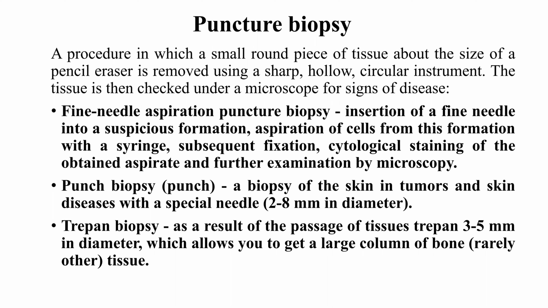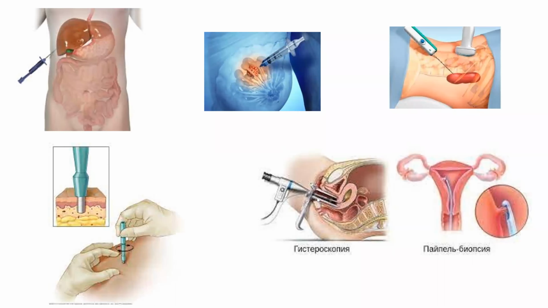Trephine biopsy is very similar to punch biopsy, but this type of biopsy is used for solid and hard tissues, and it's often used in solid tumors and in bone marrow, and in this case we use a special type of needle.